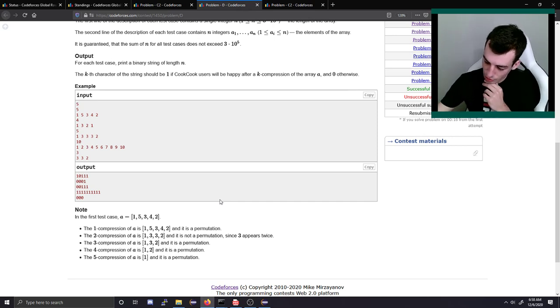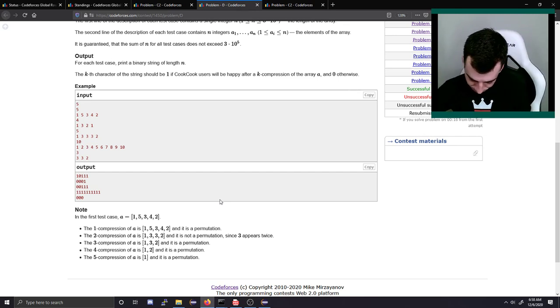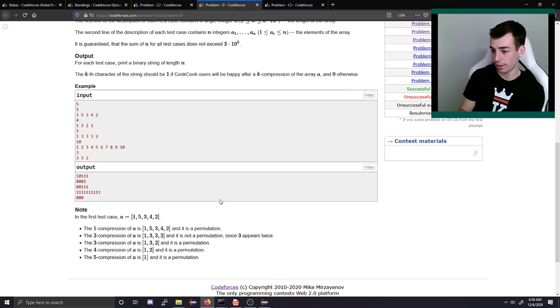Okay, what if we have multiple copies of this number? It has to work for this biggest range, but not work for every other range.